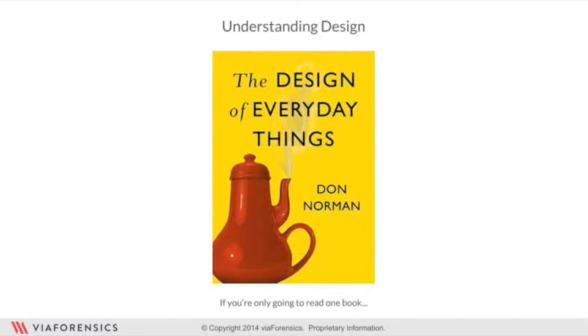There's this idea of an affordance. A handle on a door is an affordance, and it indicates to you how it works. So the shape of that affordance, the placement of it, color, everything communicates something to you about how that object works. So this book is the perfect place to get started for just understanding the idea behind what design is.